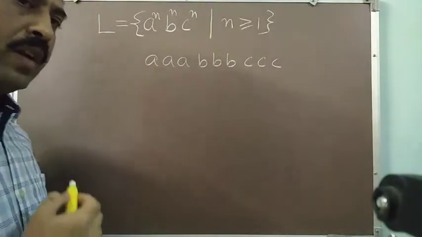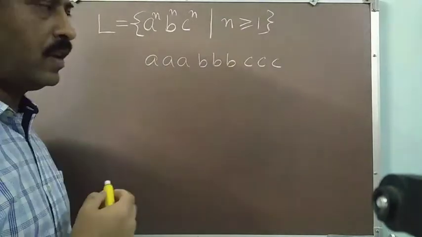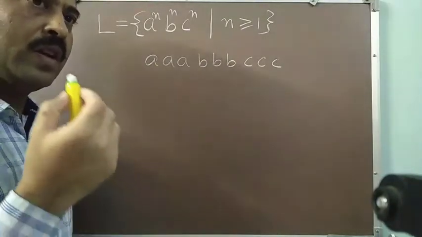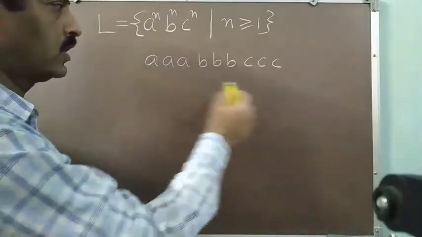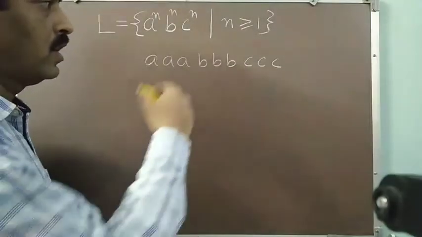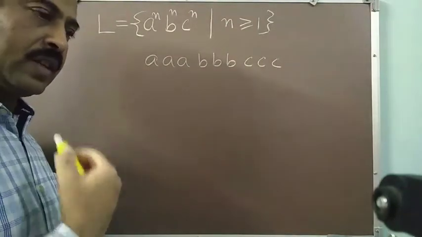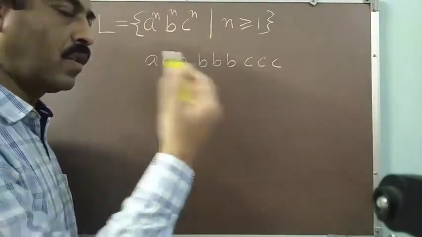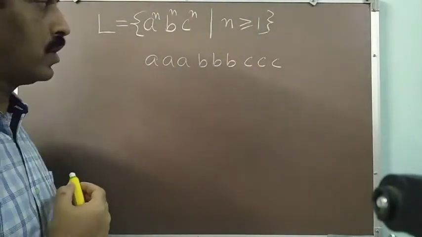Now whenever we want to design the Turing machine corresponding to a given language, we first have to decide a strategy or an algorithm by which we can process the strings of that language over that Turing machine. Designing that strategy or algorithm is the most important task when we are designing a Turing machine.